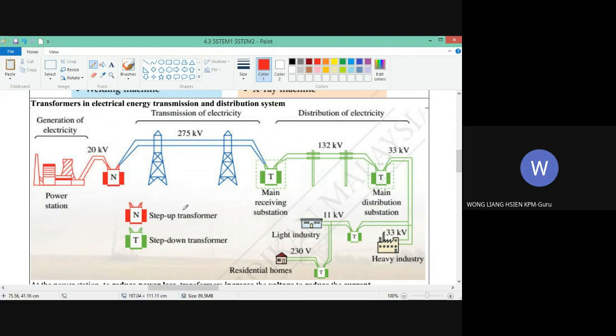So what happened is that in a city like London, they needed to build the power station in the middle of the city. Then the buildings around the power station could get electricity.